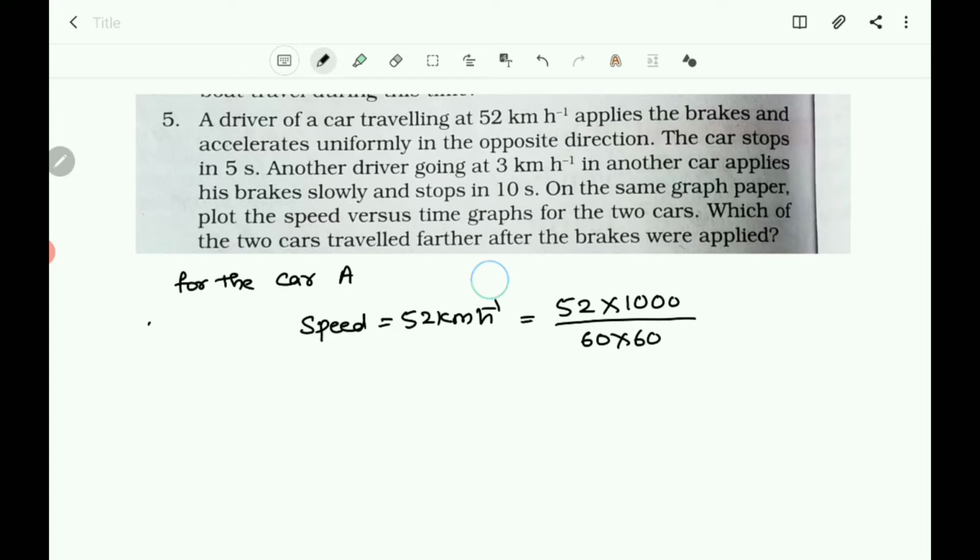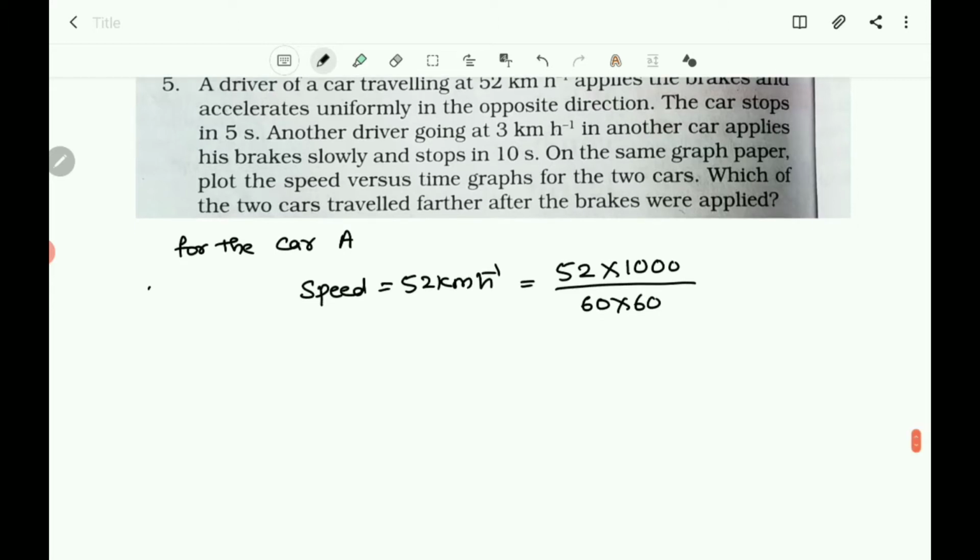Then you will get, 0 0 cancels, 0 0 cancels, and 2 3s are 6, 2 13s are 26. Then it becomes 130 by 9.